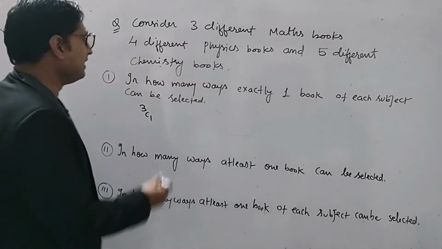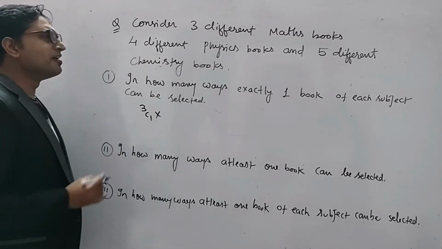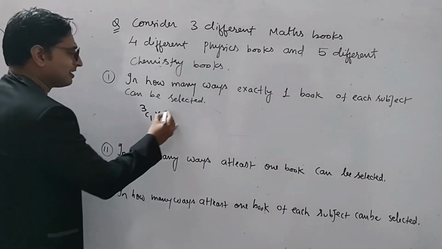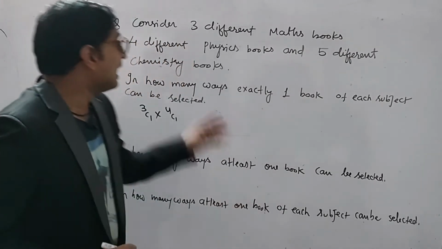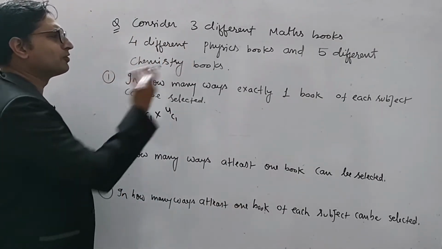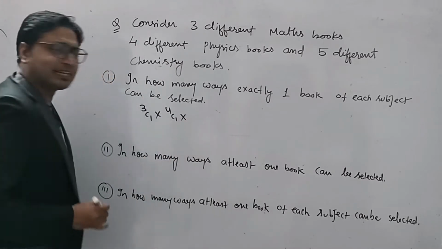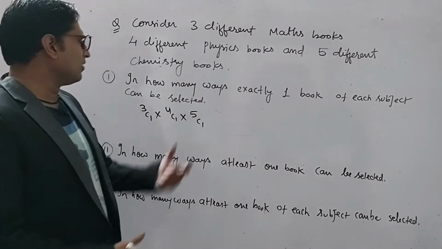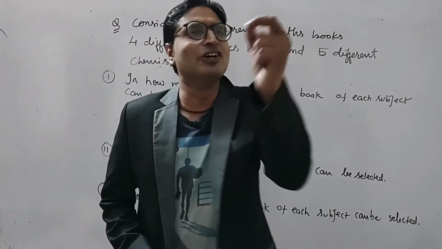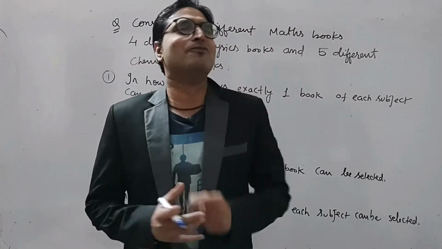Okay, and out of 4 different books of physics, you can select one book in 4C1 ways, and out of 5 different books of chemistry, you can select exactly one book in 5C1 ways. So the total number of ways will be 3C1 into 4C1 into 5C1.